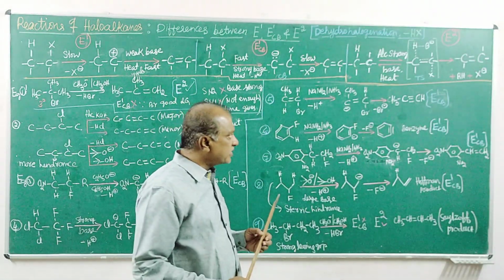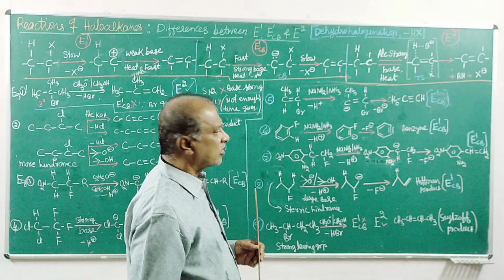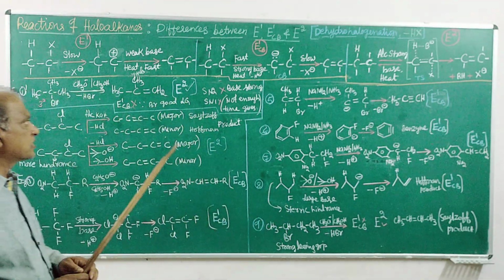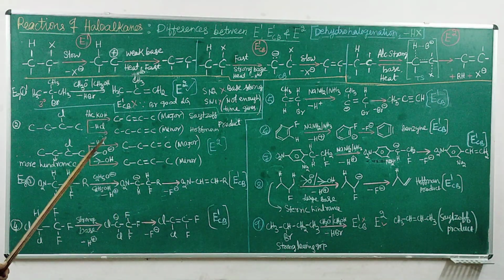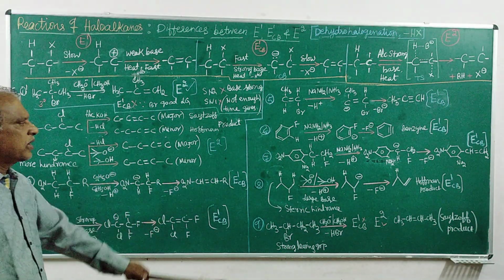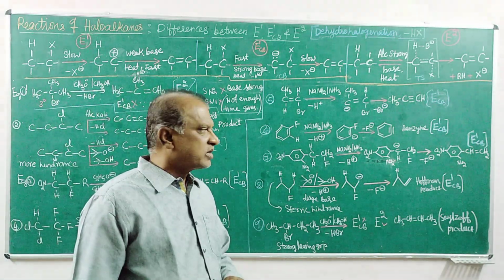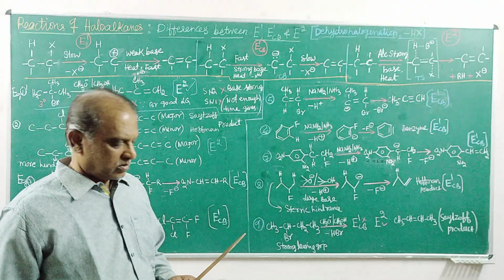So just on the basis of the factors that were written in the previous class, we can understand, for any example like this, what mechanism it can follow and what the final product of this reaction is.